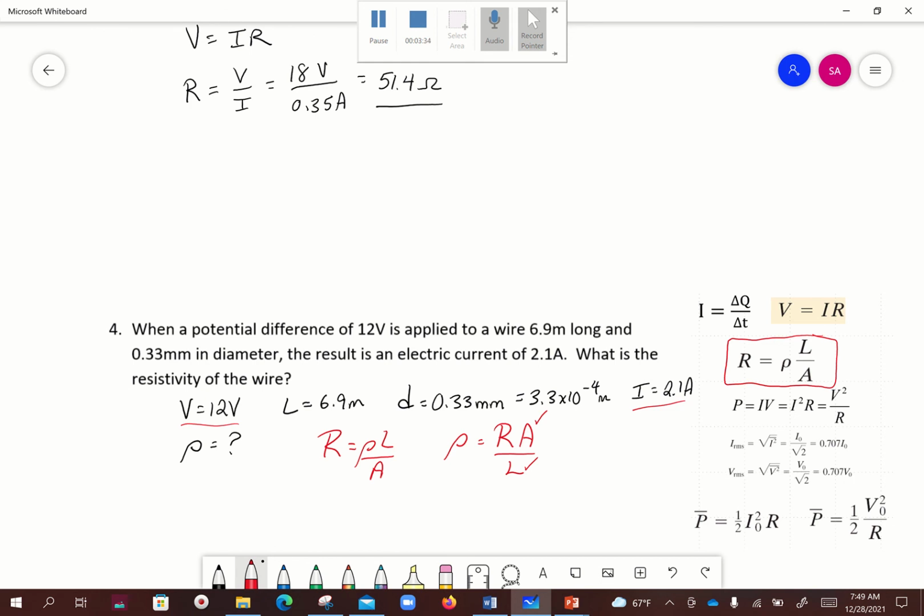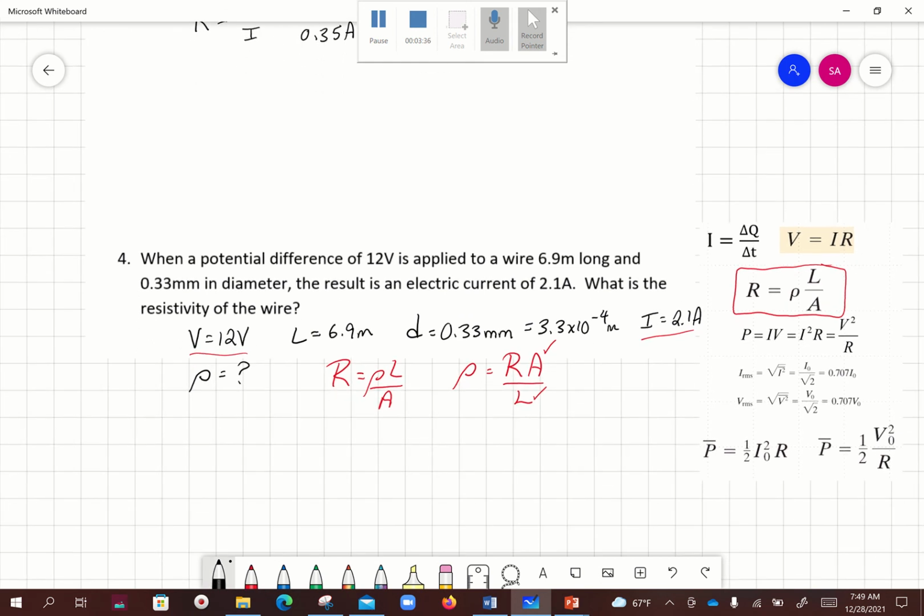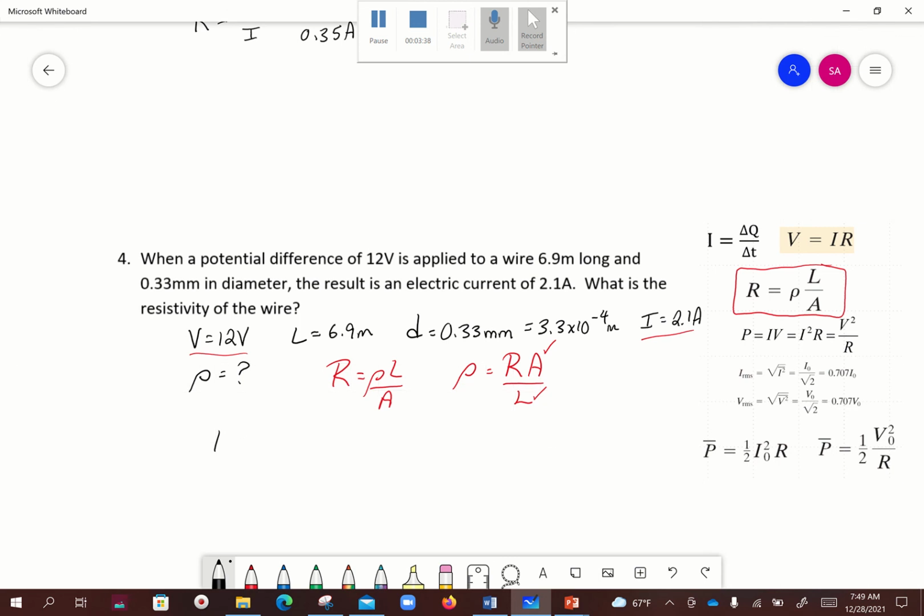So let's go ahead and do that. So R is equal to V over I. So that's 12 over 2.1, which is 5.714 ohms. And at the moment, I'm not going to round this resistance off to the right number of significant figures because I'm going to use it in another calculation.